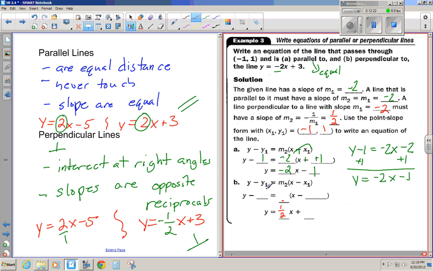Over here, plug the information in again. There's a 1, a 1/2, minus a minus 1. Well, minus a minus is plus. If you distribute the 1/2, you end up with y minus 1 equals 1/2 x plus 1/2.